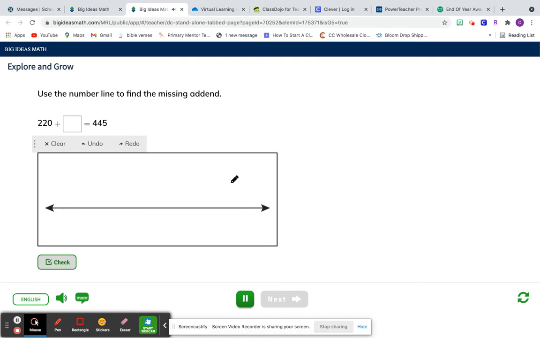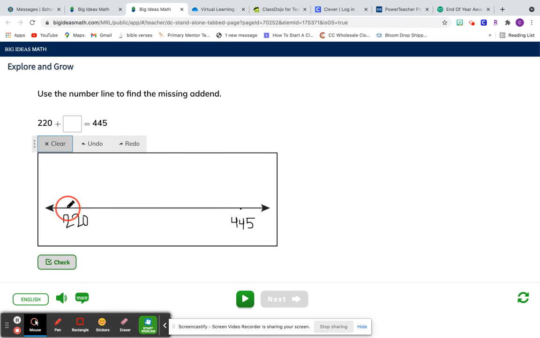Use the number line to find the missing addend. All right, so to add, we're going to start with 220. And we're going to end with 445. Now we're adding.